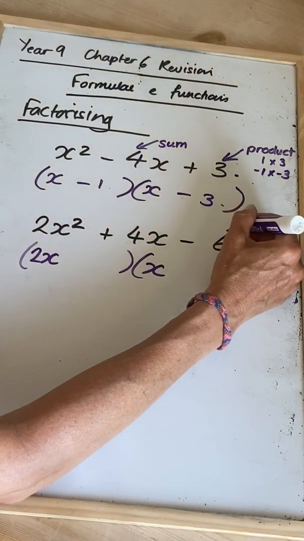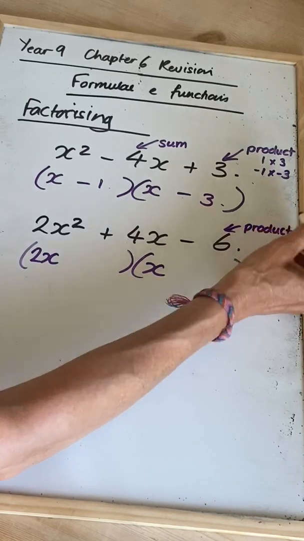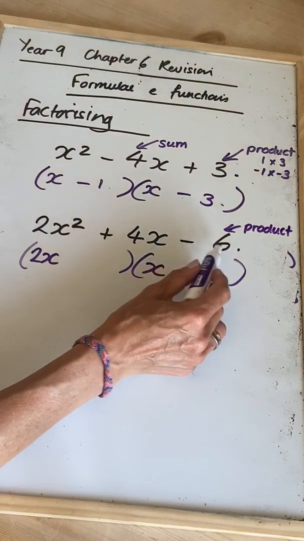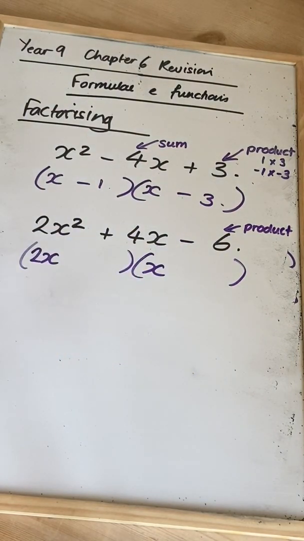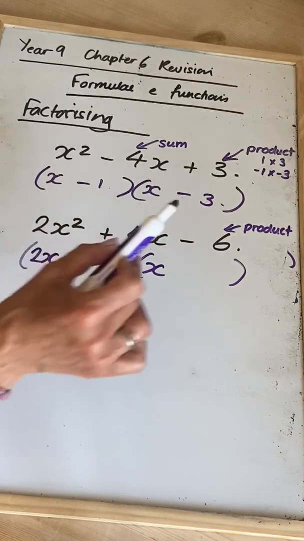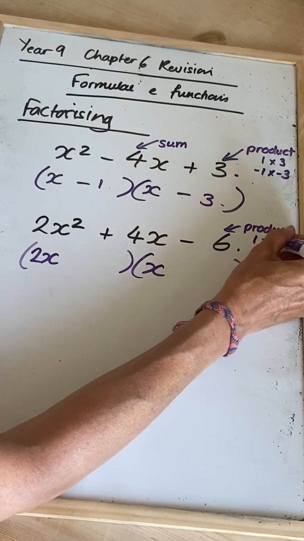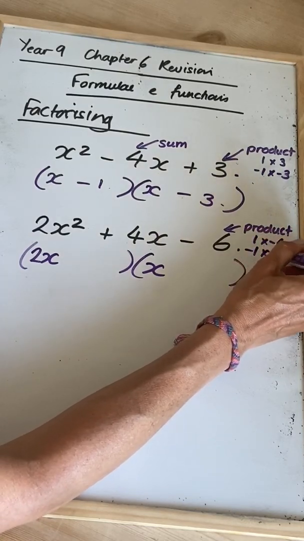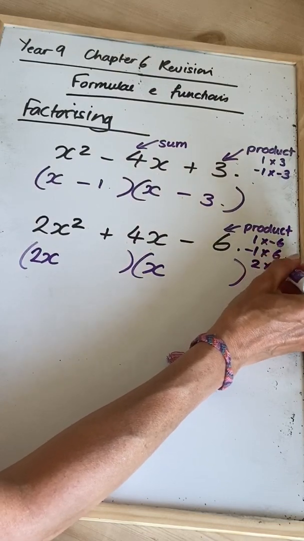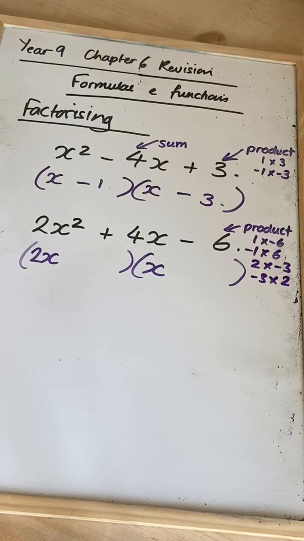That means then that we've got to think about these products. Still got to think about numbers that will give us -6 as a product, but we've got to think a little bit differently about the sum in the middle. Okay, so factor pairs that give us this product: 1 and -6, -1 and 6, 2 and -3, and -2 and 3. Those are our options.